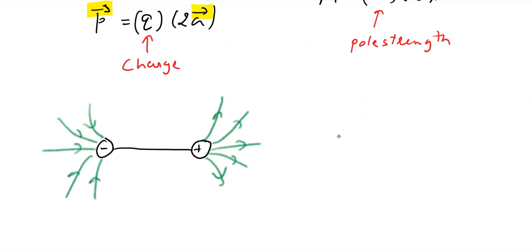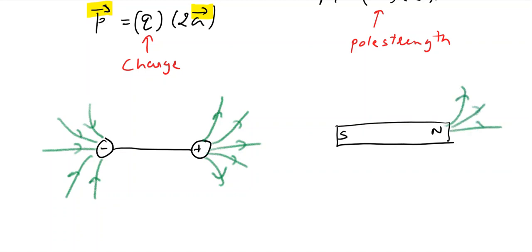Now very similarly, if you consider magnetic dipole, that is bar magnet, you have north pole and south pole. So in case of bar magnet, you have magnetic field lines coming out from north pole. So the way we find out electric field of electric dipole, we can find out magnetic field of magnetic dipole.